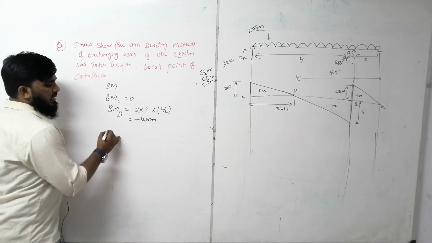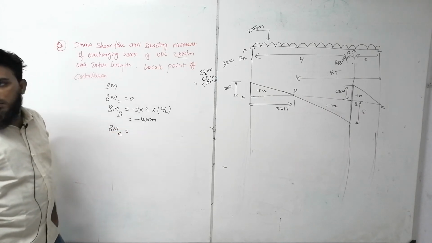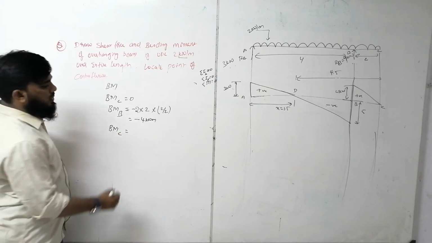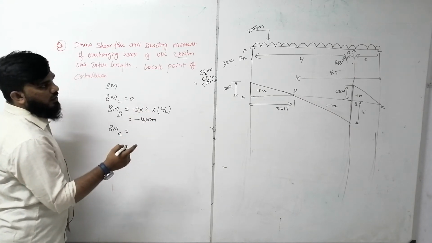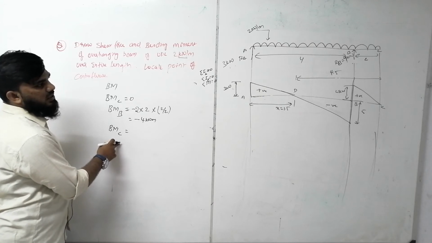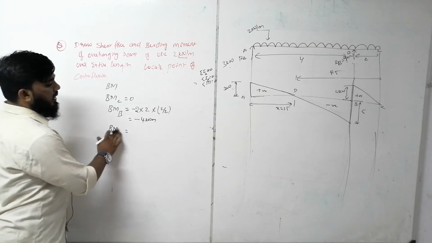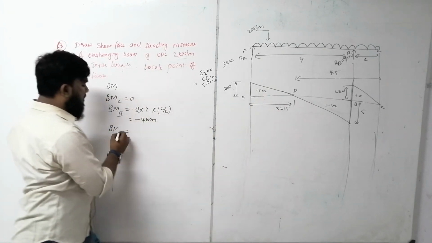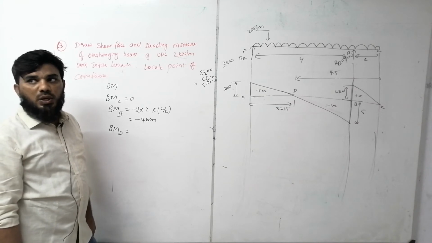Next is bending moment at point C. How to calculate is nothing but from the right side. First C you have to calculate, then A point. Sorry, this is D, bending moment at point D, because at point D your shear force is 0.